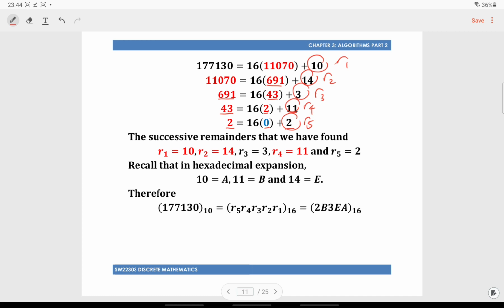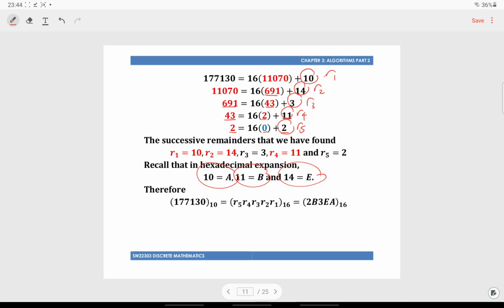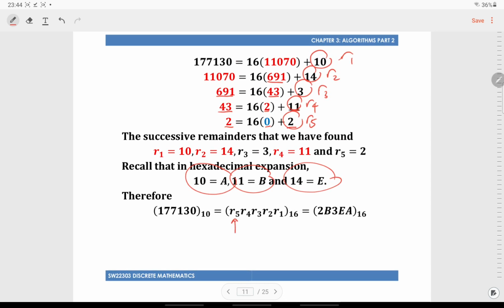So remember, 10 up to 15 are represented in character form, or in letter form. So 10 equal to A, 11 equal to B, 12 equal to C, up to 15 equal to F. So we have 10 equal to A, 11 equal to B, and also 14 equal to E. In the hexadecimal representation, we arrange all the remainders from R5 followed by R4, R3, R2, and R1.